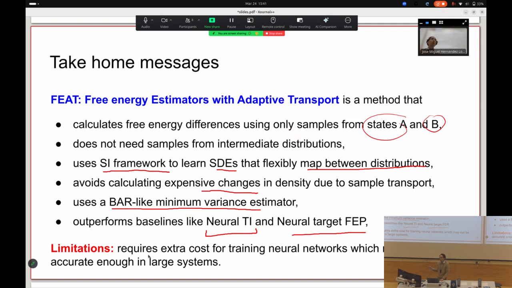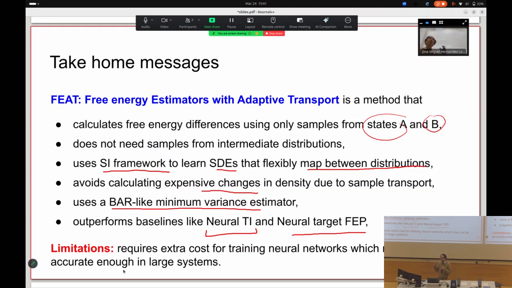You need to train neural networks to characterize your SDEs. You need first the data from distributions A and B, and then you need to train your neural networks from this data. And your neural networks in large systems may not be that accurate. They may make mistakes also.